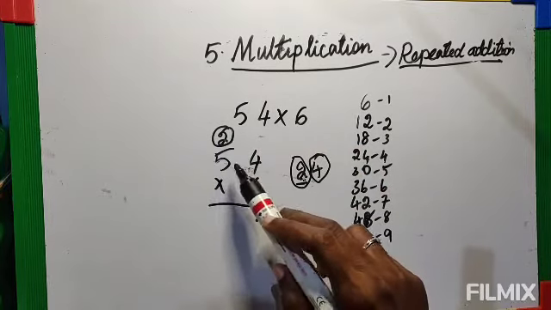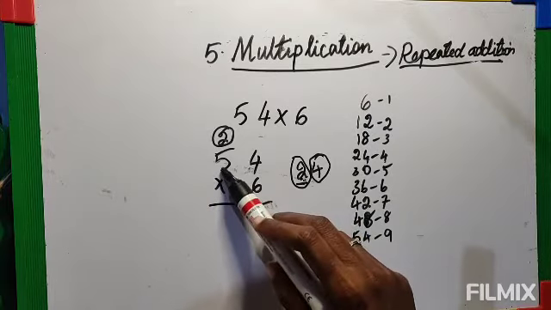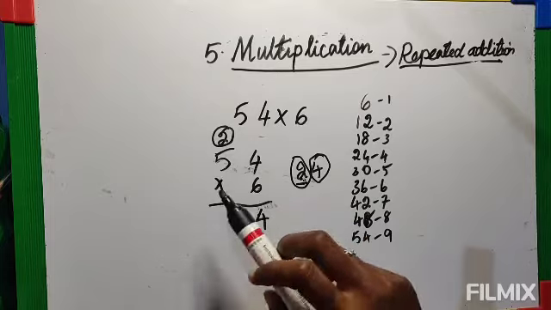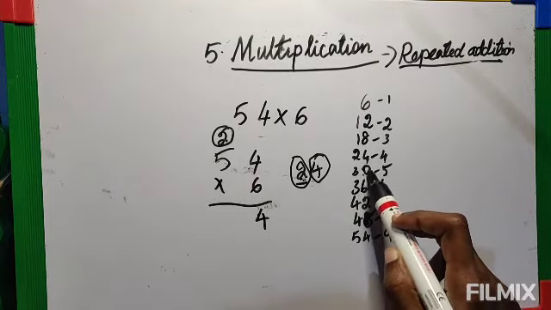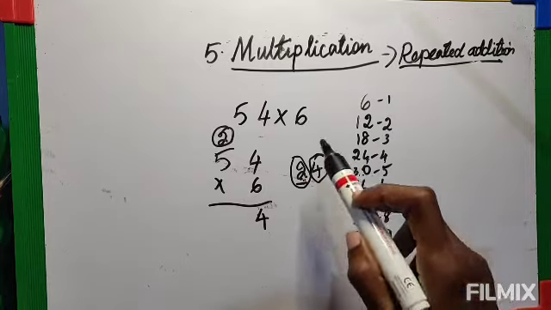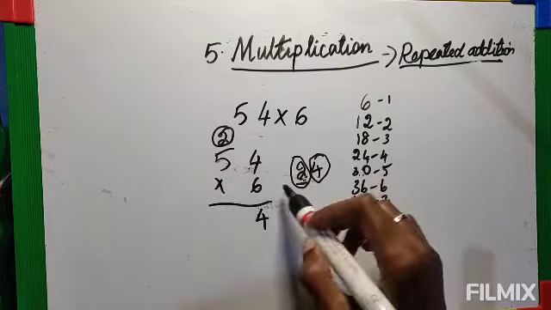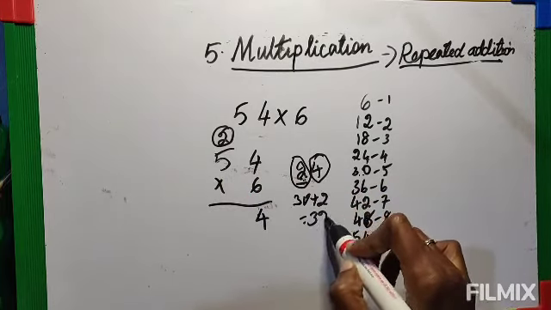Now we have finished multiplying the ones digit. Now we will multiply the tens digit. In the tens place here 5 is there. So this 5 and 6 you will multiply. 5 6s are how many? 30. With 30, the carry that you have carried here, you have to add. So 30 plus 2 is 32.